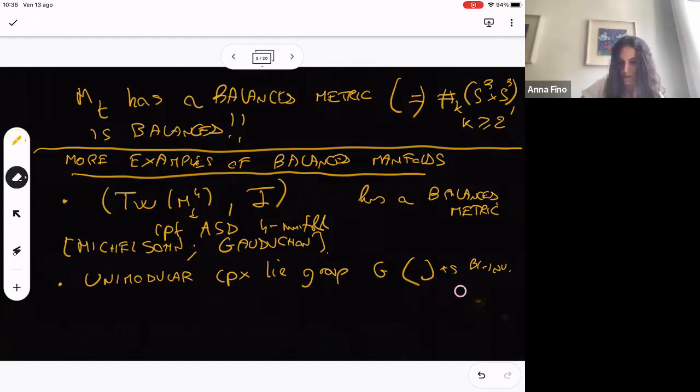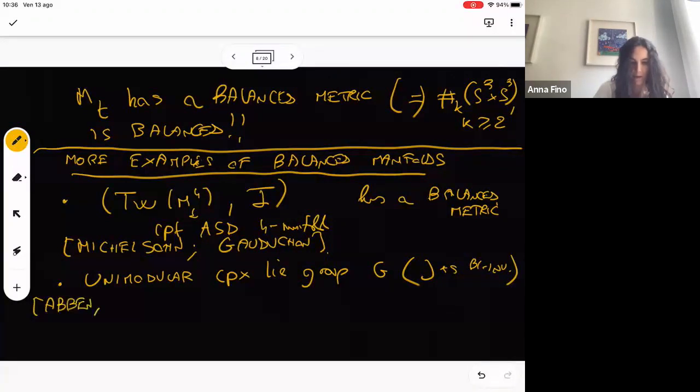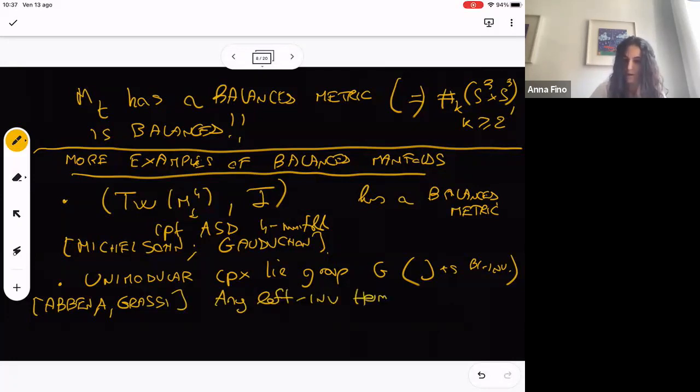I will not write that, but it means that a commute with a joint representation was shown by Abena and Grassi that any left invariant Hermitian metric on G is balanced.